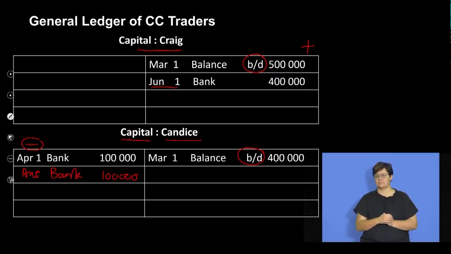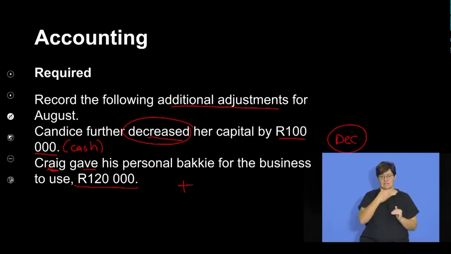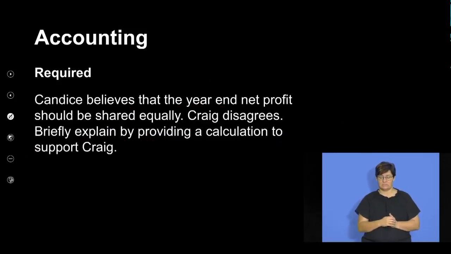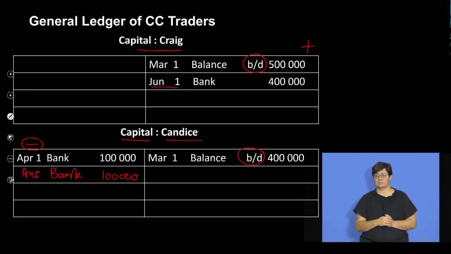Right, then we've got partner Craig, who has increased his capital by giving his personal bakkie to the business, and the value of that bakkie is 120,000. So let's go to his account. He is increasing his capital by 120,000.